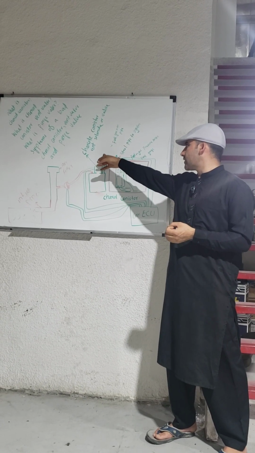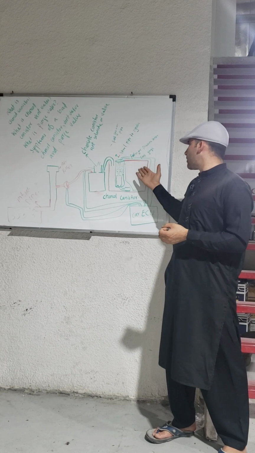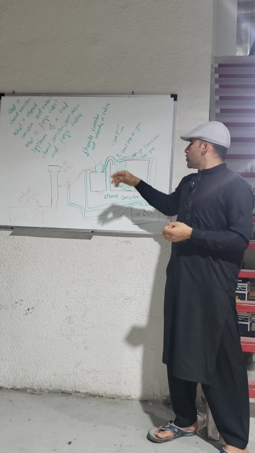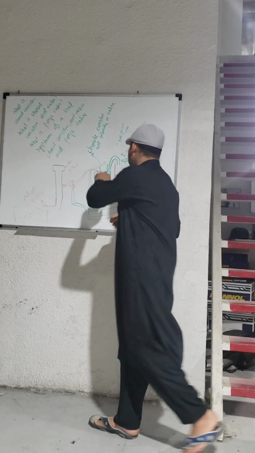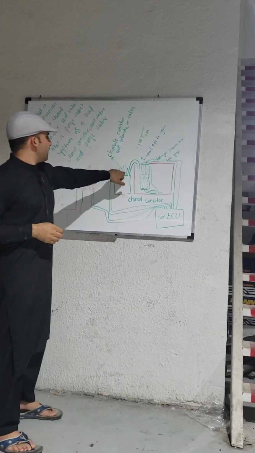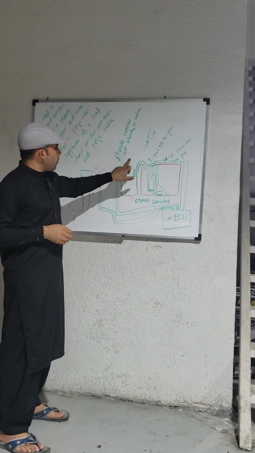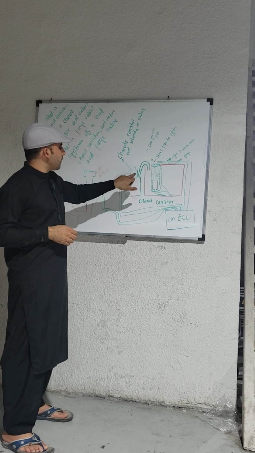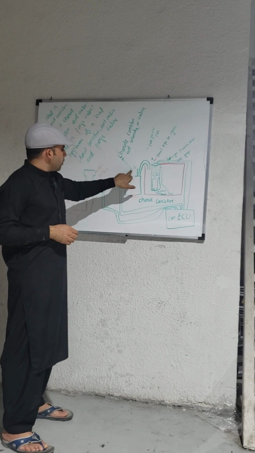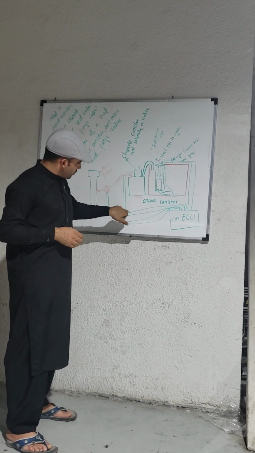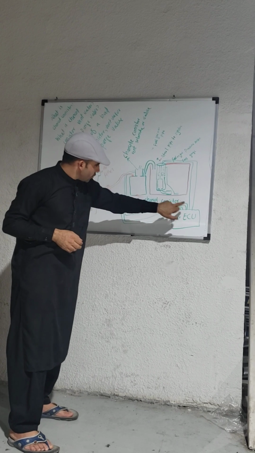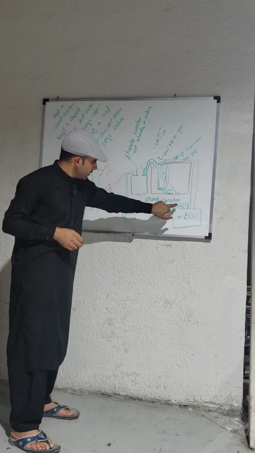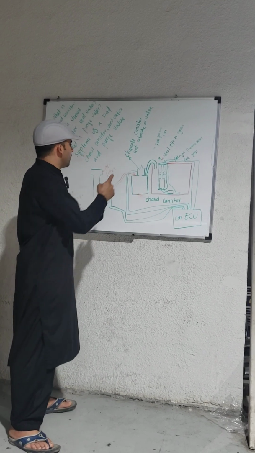This side is not connected to any other parts in the car. So what happens? This vent valve normally opens and closes because of the ECM. They have two wires coming to the ECM.